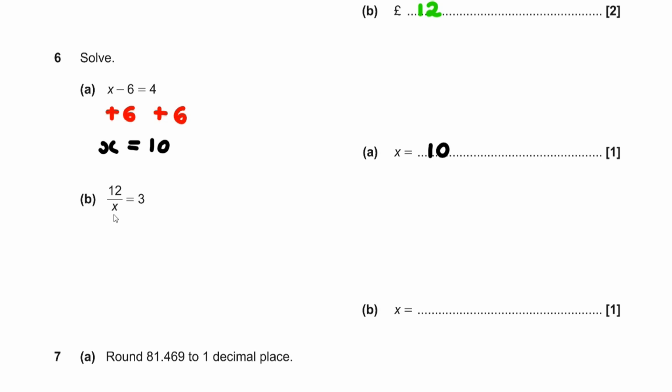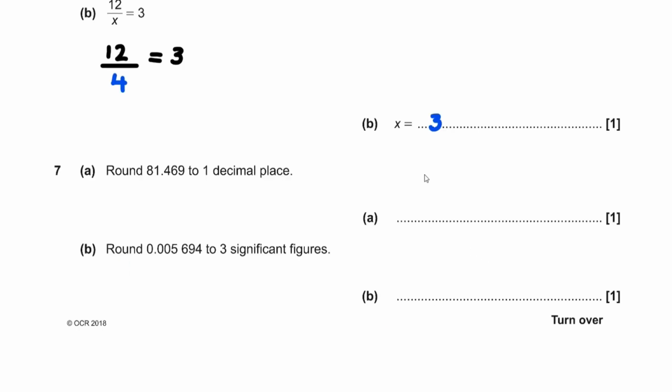Part B, we have 12 divided by x equals 3. We have to find out what x is. Clearly in this case, 12 divided by 4 equals 3, which means x is equal to 4.